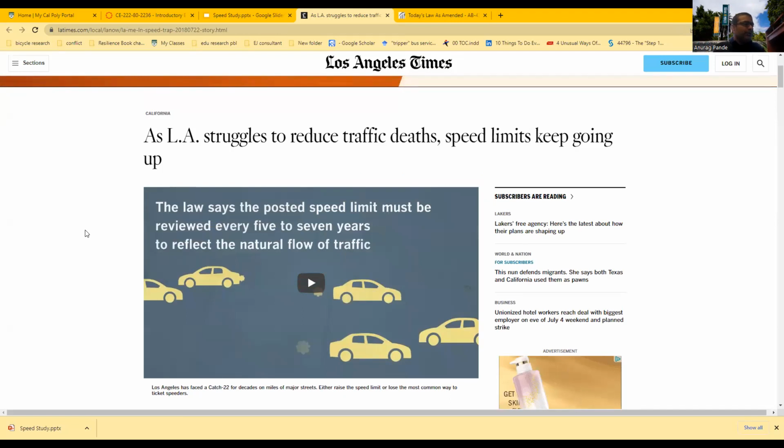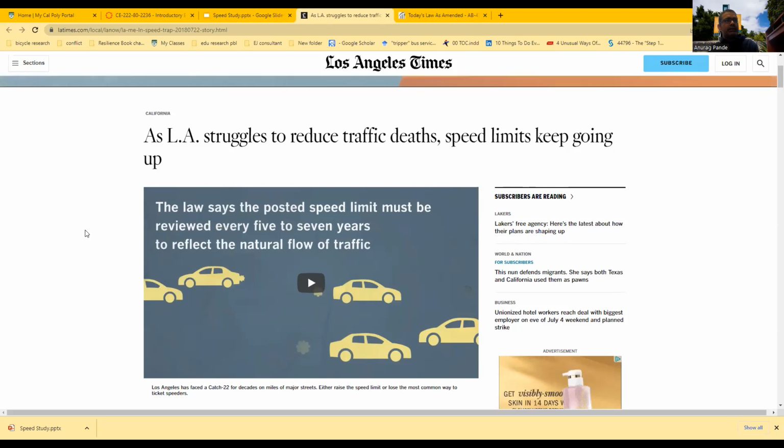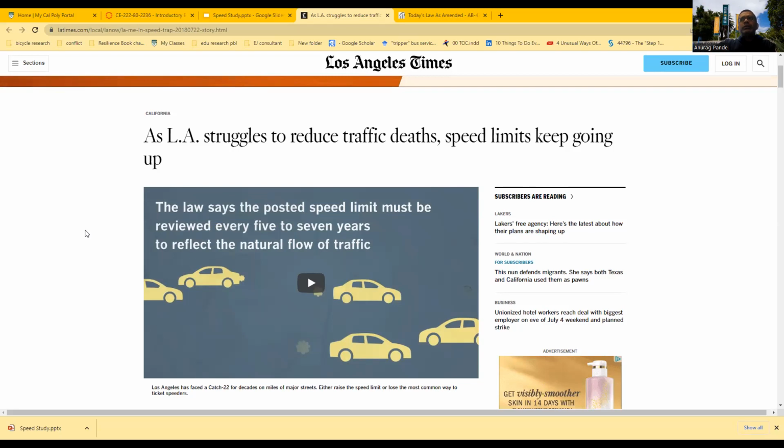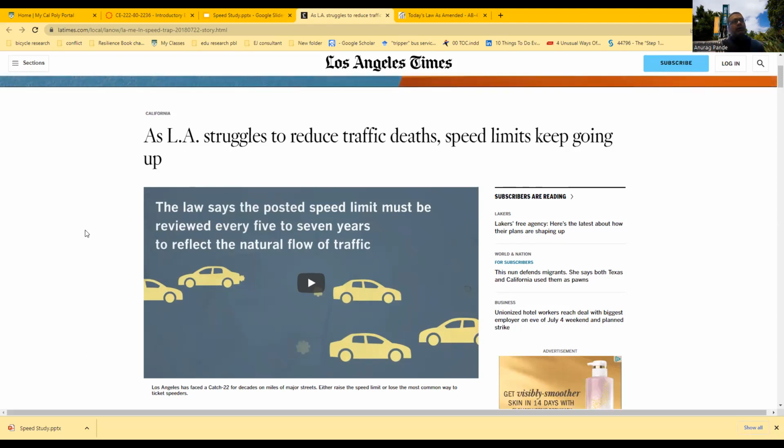What we mean by speed traps is that you cannot have a condition on the road that invites drivers to drive pretty fast, but then set your speed limit too low compared to the speed at which the drivers are driving. If the drivers choose to drive faster than what the speed limit is set at, then it's not always the drivers who are at fault. It's the speed limit that might be too low. That has been the law for the longest time.